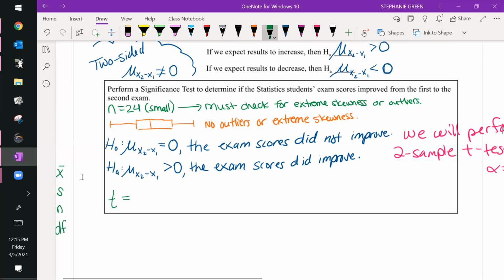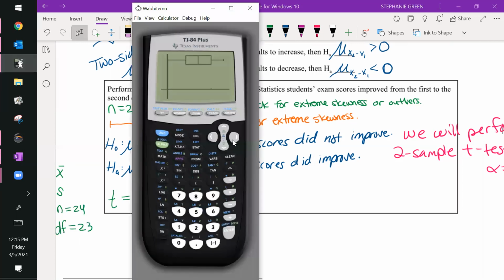Since I already have my data in my calculator, let's do 1-var stats to get X bar and S, as well as N, even though we already know it's 24, which means degrees of freedom is 23.